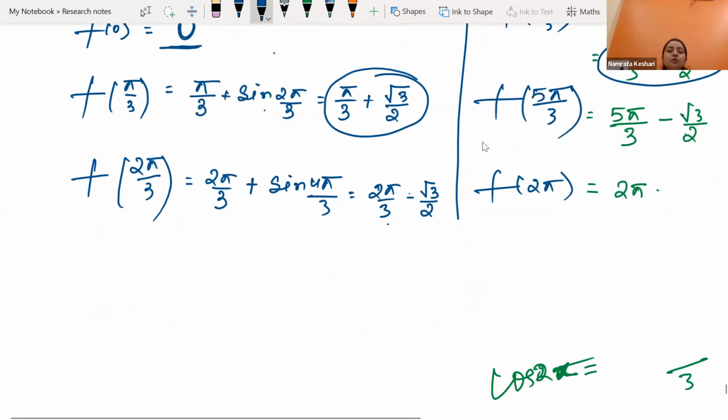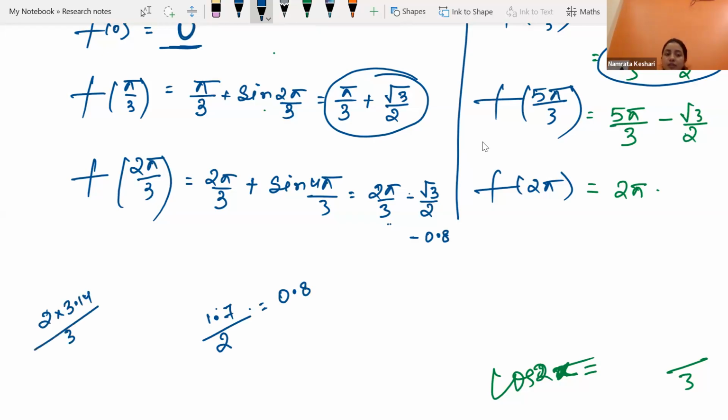Root 3 by 2 is a very small number. Think about it, Fatima. Root 3 is 1.7 and all, so root 3 by 2 you will be getting 0.8. If you subtract 0.8 from 2 pi/3, what is the meaning of 2 pi/3? Suppose pi is 22/7, or 3.14, divided by 3 we are having.